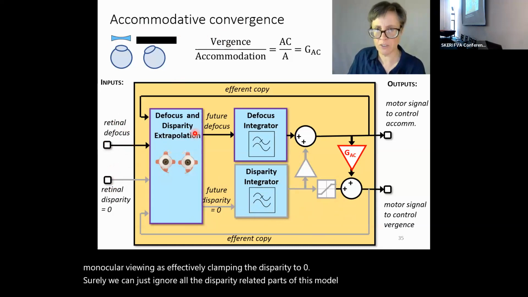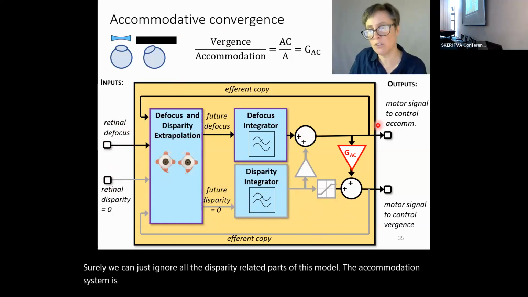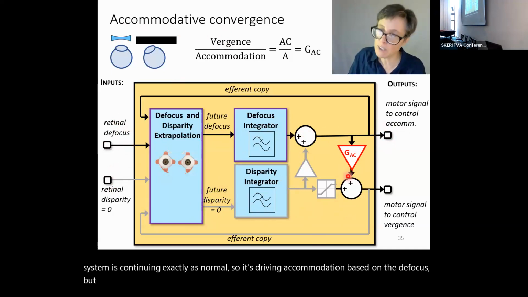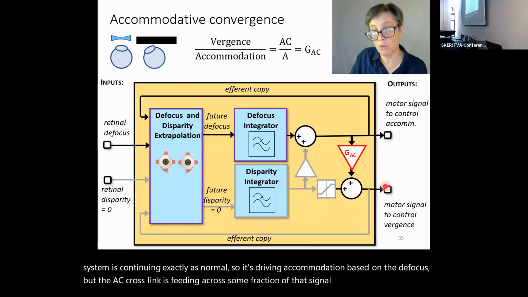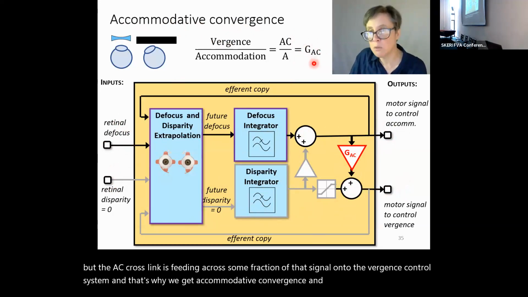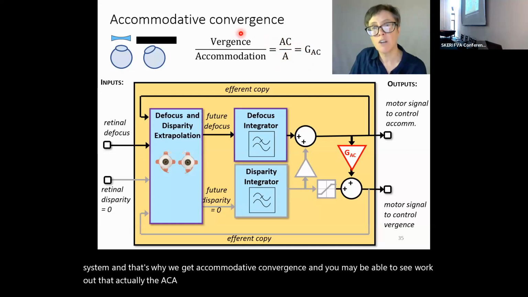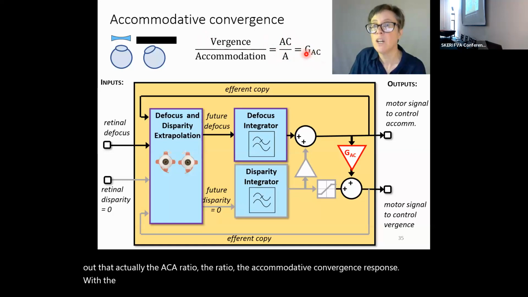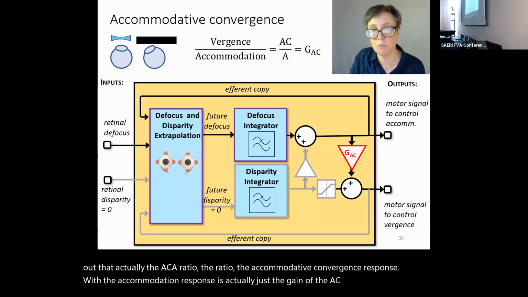The accommodation system is continuing exactly as normal, driving accommodation based on the defocus. But the AC crosslink is feeding across some fraction of that signal onto the Vergence control system, and that's why we get accommodative convergence. You can work out that the ACA ratio, the ratio of the accommodative convergence response to the accommodation response, is actually just the gain of the AC crosslink in this model.